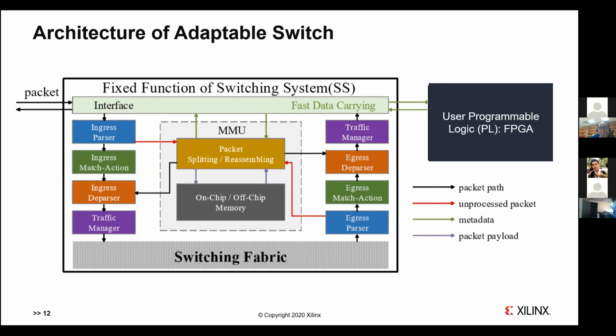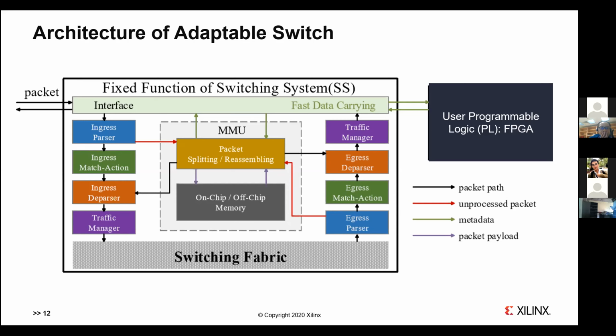In the left side, we need to have some modification on the traditional switching chip. We will integrate some programmable engines here, similar to what I previously mentioned for the adaptable NIC. So here I listed the parser, the match action.